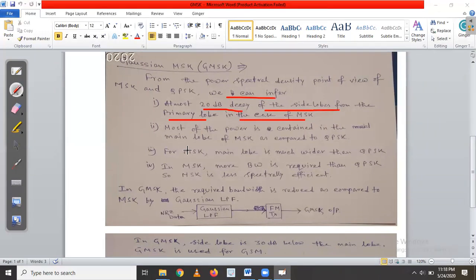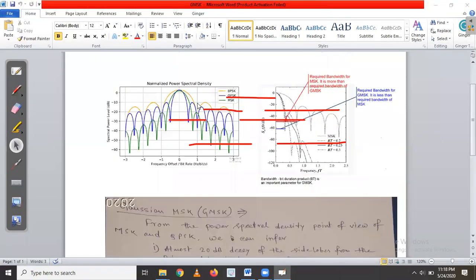Next point: most of the power is contained in the main lobe of MSK as compared to QPSK, because the gap between main lobe and secondary lobe is more in the case of MSK.